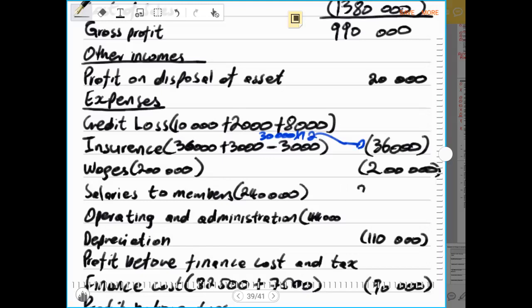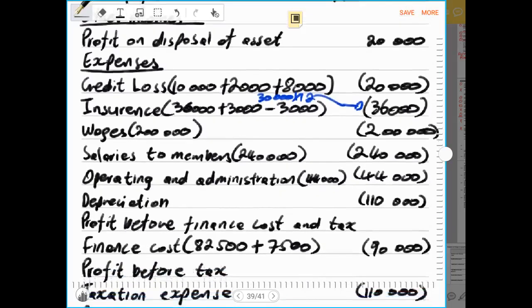Salaries to members 240,000 rands. There is nothing to adjust on that. Administration expenses is 44,000 rands. There was no adjustment. When it comes to bad debt, we have to say 10,000 plus 2,000 plus 8,000. That should give us 20,000 rands.